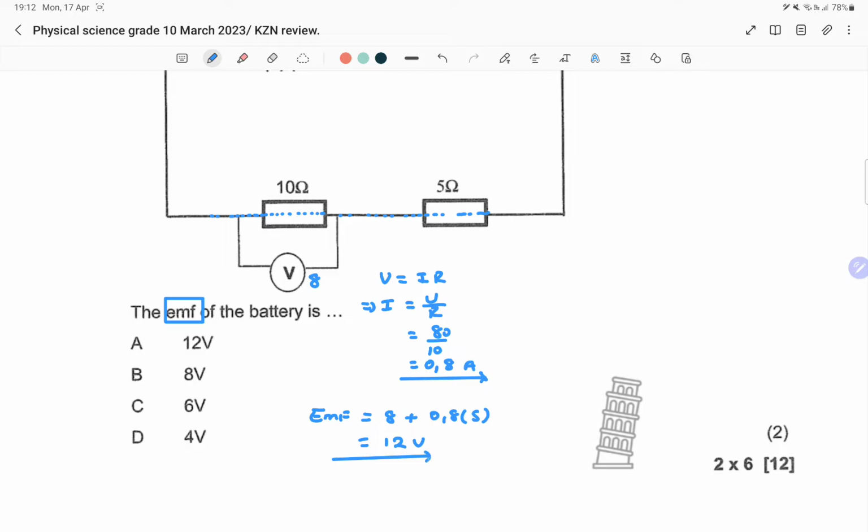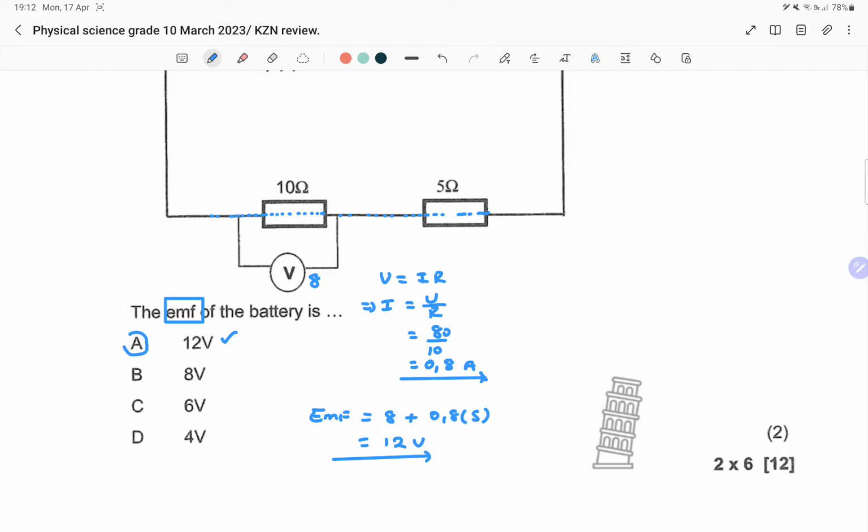Of course, if you were doing grade 12, you would know that this is the total external voltage. But because we assumed that the internal resistance of this battery is negligible, it means the EMF is essentially equal to the terminal voltage. So that is the story.